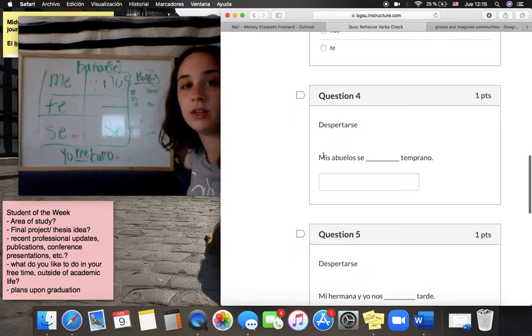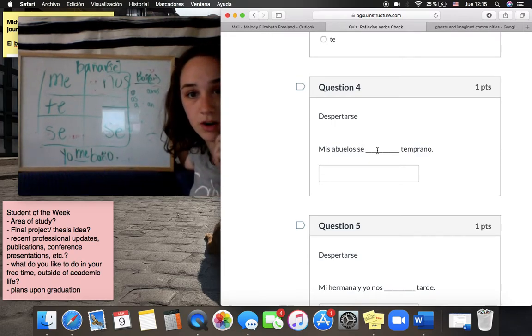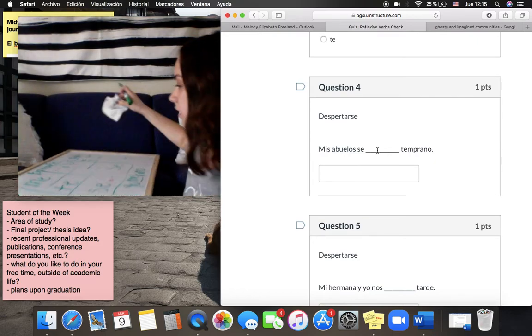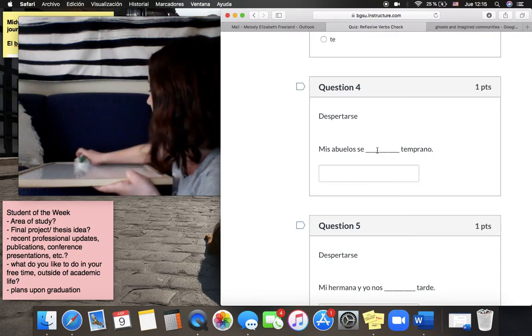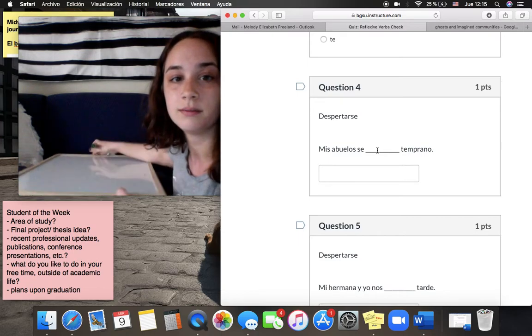Number 4. So we're looking now at despertarse. So now it gives us this reflexive little part, and we have to conjugate the normal verb. So we know that despertar se. So let's go through our parts again.